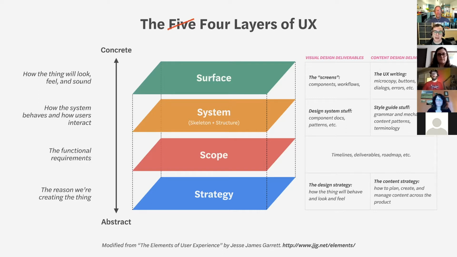We talk about content patterns. We talk about terminology. And then at the top level, along with the screens, we have the UX writing. So the microcopy and the buttons and the dialogues and the errors and all that stuff, the actual words that go into it. So this is all to say that it's all intermingled and inextricable from each other.